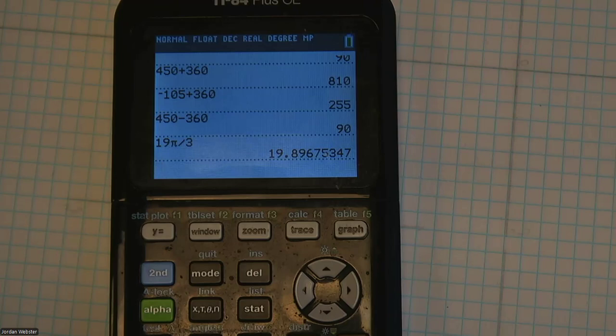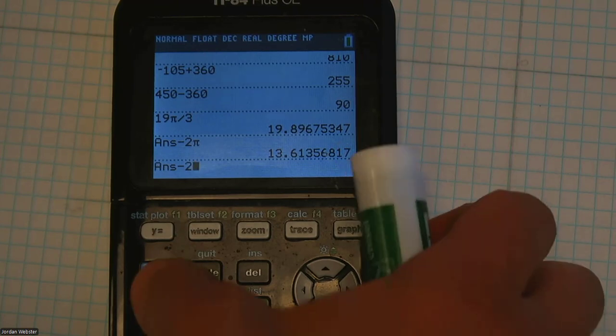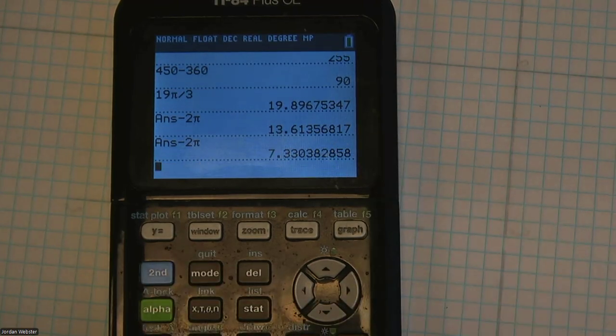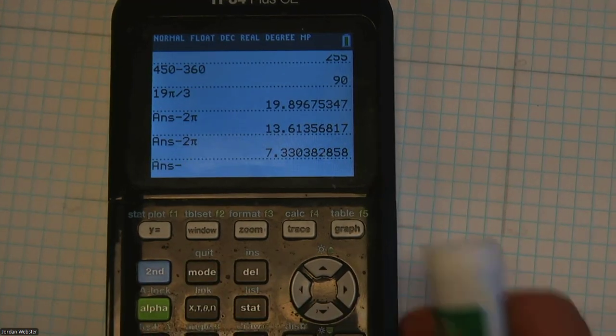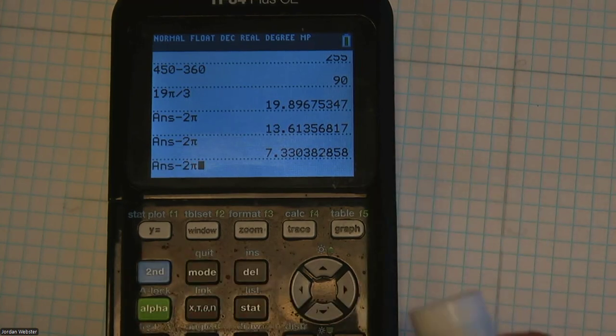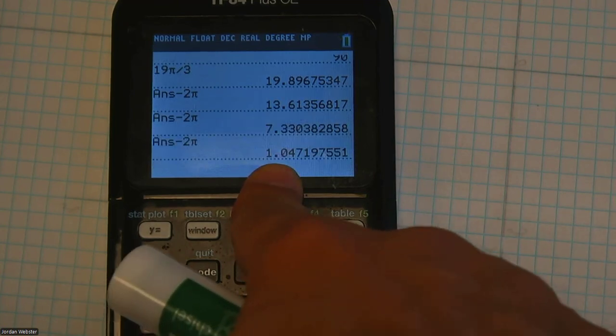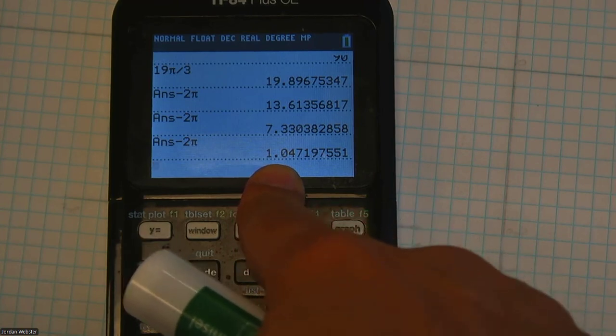So what I'm going to do is I'm just going to subtract 2 pi, and then subtract 2 pi again, and then subtract 2 pi again. And I keep subtracting 2 pi over and over and over until my answer is between 0 and about 6.28.